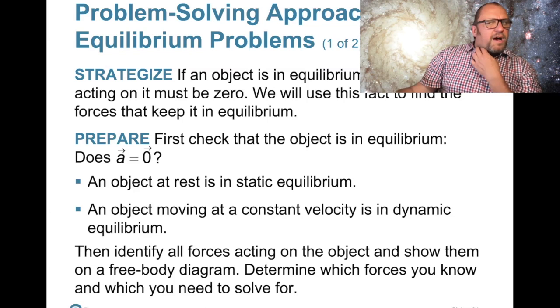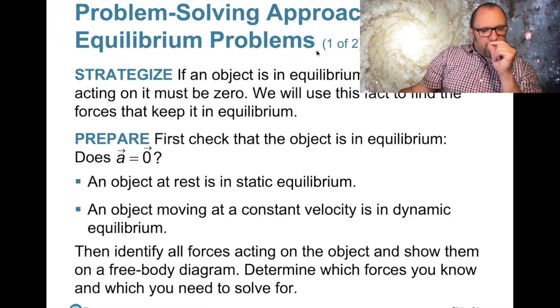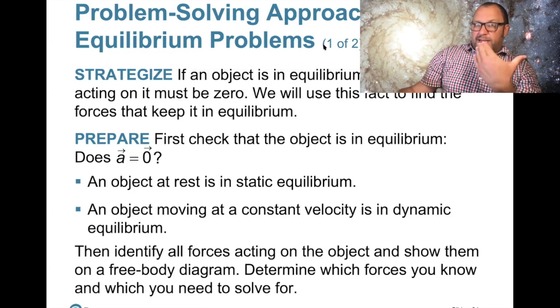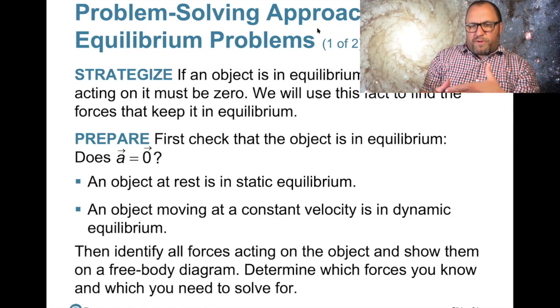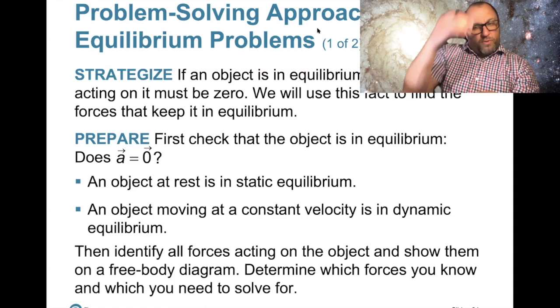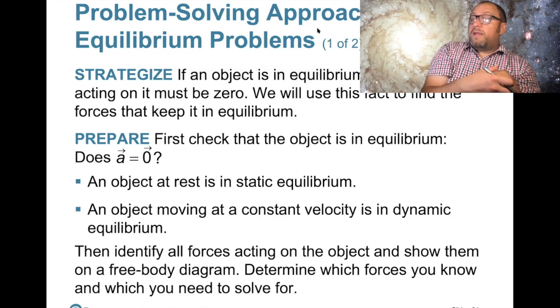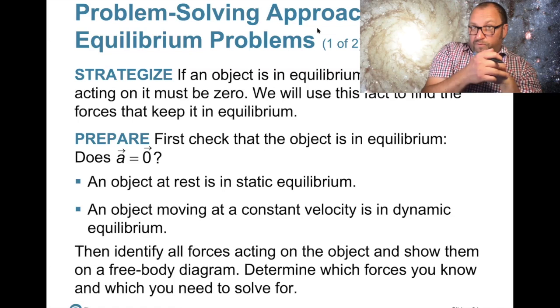First, check that the object is in equilibrium. Does a equal 0? An object at rest is in static equilibrium. An object moving at a constant velocity is in dynamic equilibrium. Then identify all forces acting on the object and show them on a free body diagram. Determine which forces you know and which forces you need to solve for.